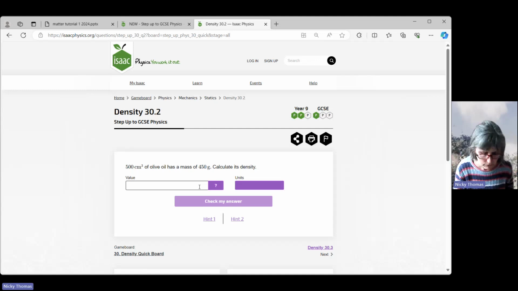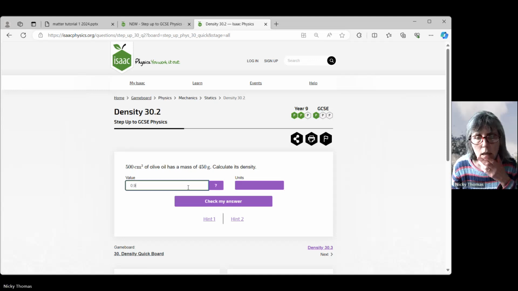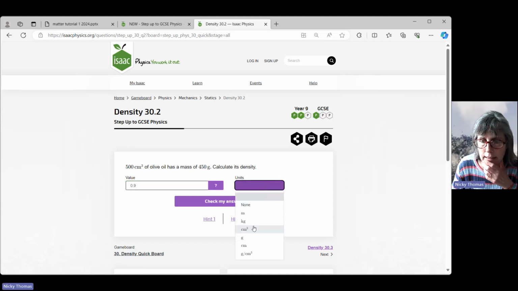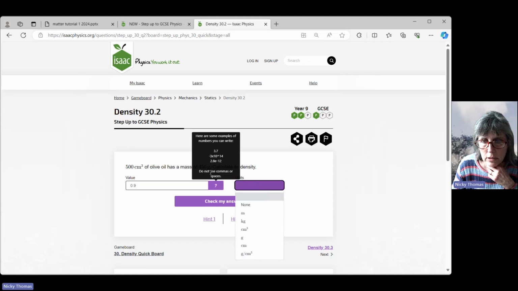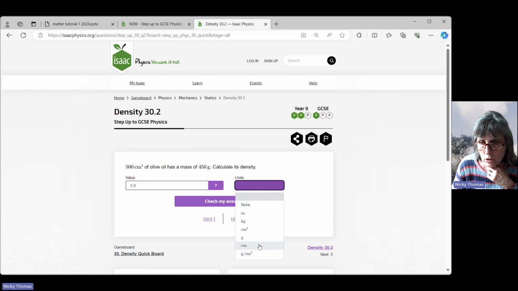Remember density is mass over volume, so I've got 450 divided by 500, which gives me an answer of 0.9. So I'm going to type that in. And I've got units here, and it's grams per centimeter cubed, so I'm going to choose that one, check my answer.